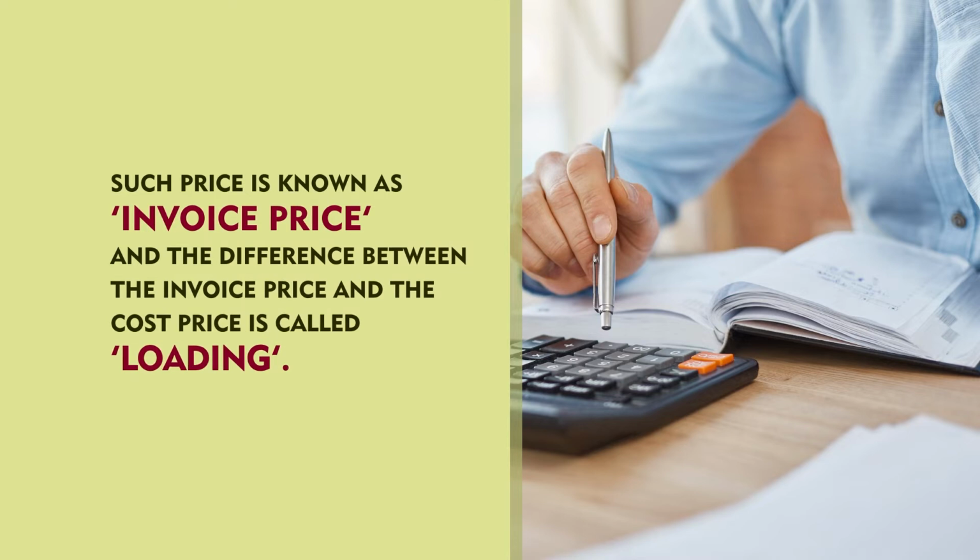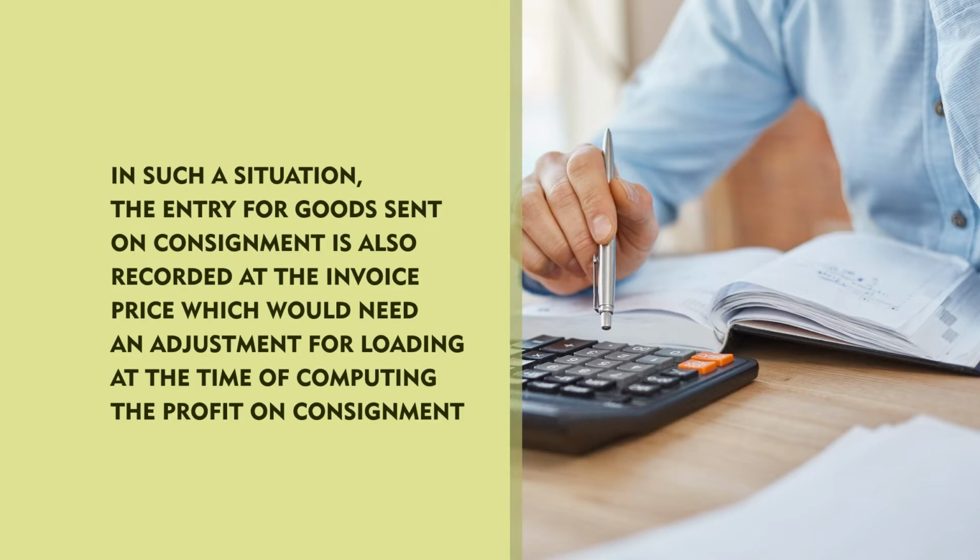Such a price is known as the invoice price, and the difference between the invoice price and cost price is called loading. In such a situation, the entry for goods sent on consignment is also recorded at the invoice price, which needs an adjustment for loading at the time of computing the profit on consignment.